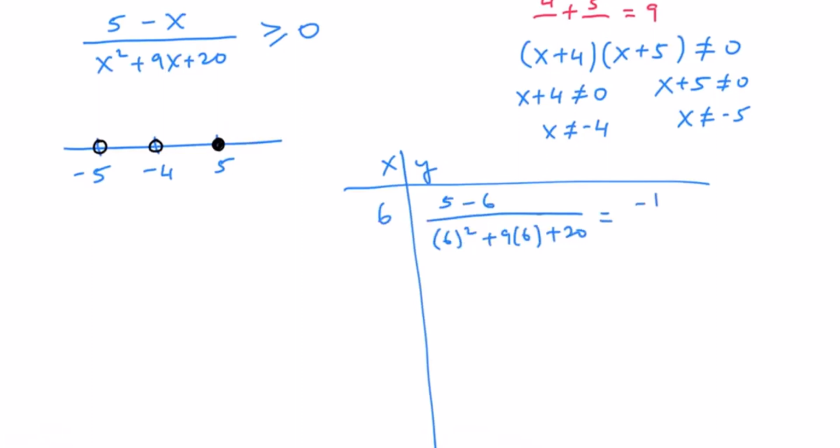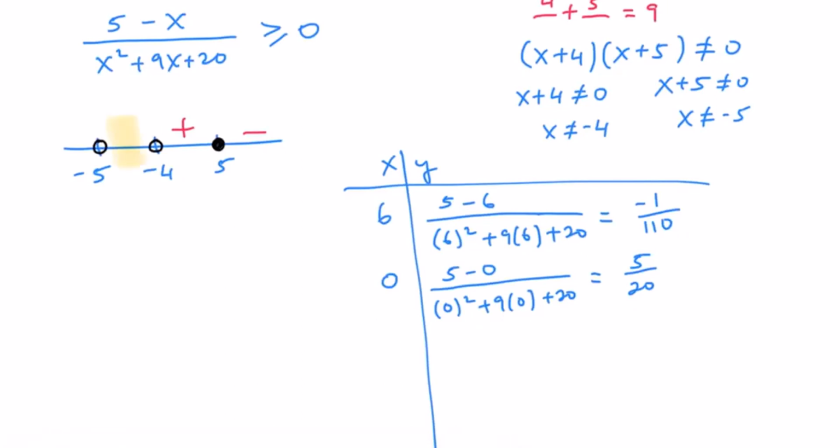So this is negative 1 over 110. So we have a negative interval. Pick a number that is between negative 4 and 5. So let's pick 0. And we have 5 minus 0 over 0 squared plus 9 times 0 plus 20. So this is 5 over 20. So we have a positive interval.